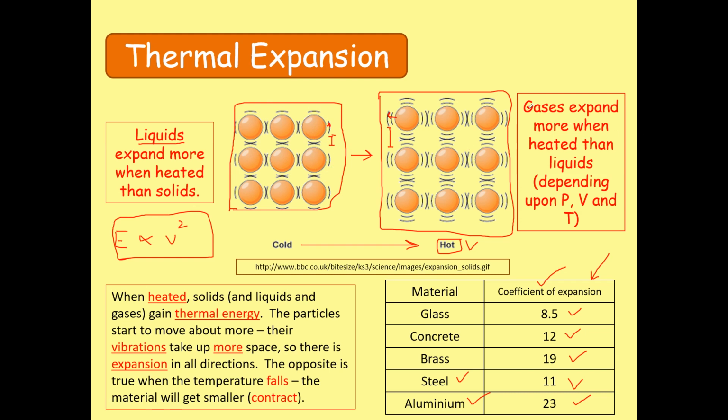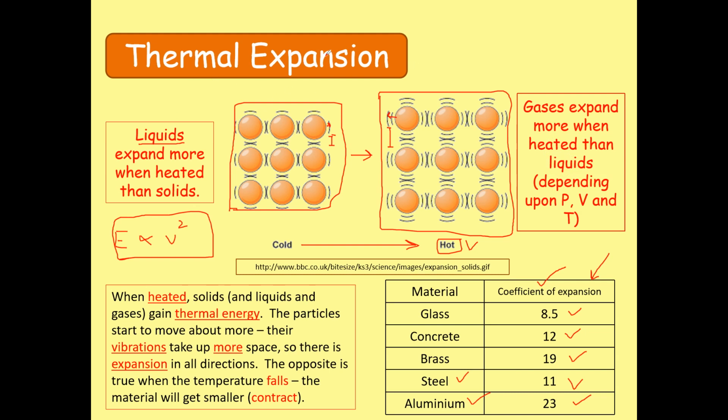In terms of gas, the particles are already farther apart from one another. They do not have any intermolecular forces. So if I increase the energy, they will move a lot faster, and definitely that will cause expansion to be a lot more compared to the liquid.